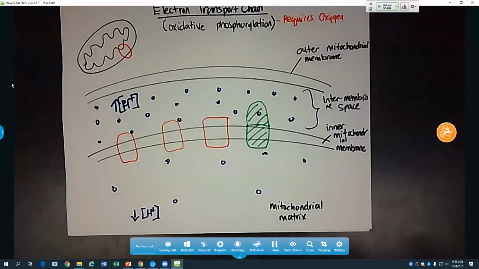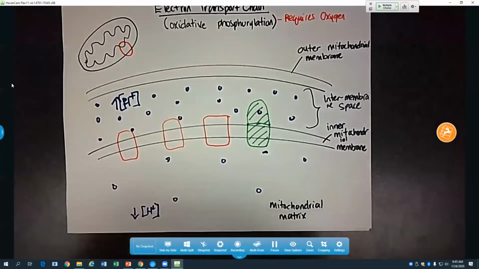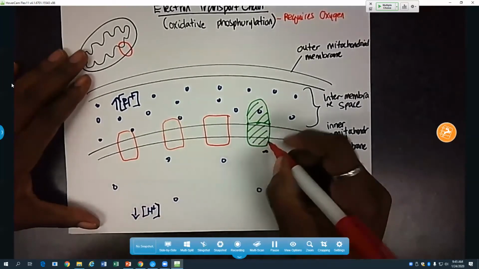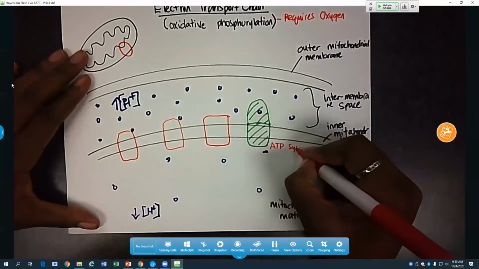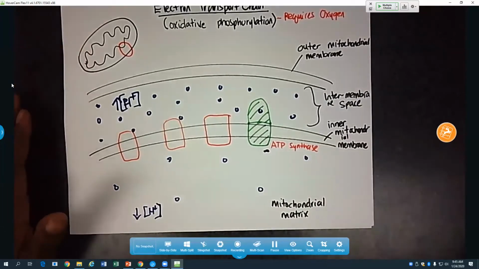Okay. Now don't be too worried about the names of these complexes. Just importantly understand that the final complex is kind of where the most important step happens. So this is called ATP synthase. Alrighty.